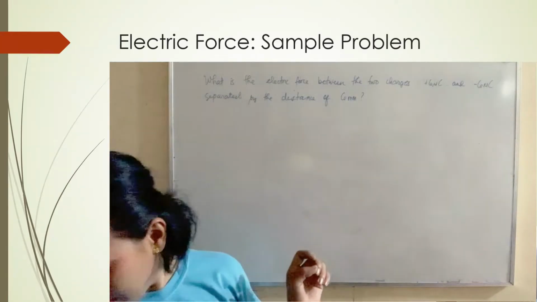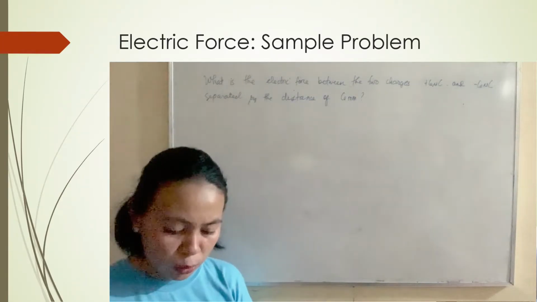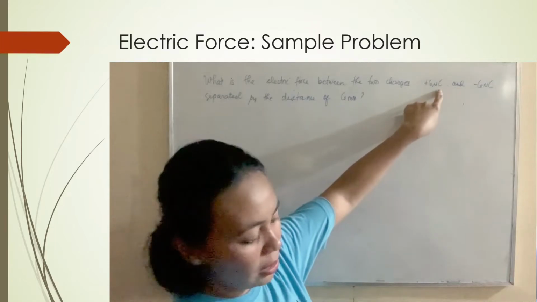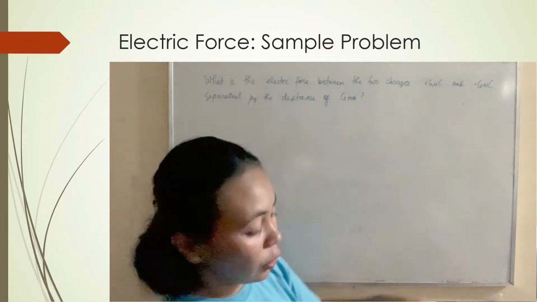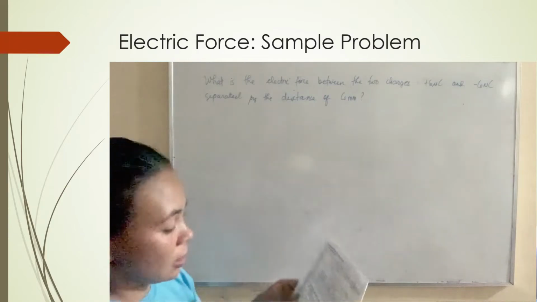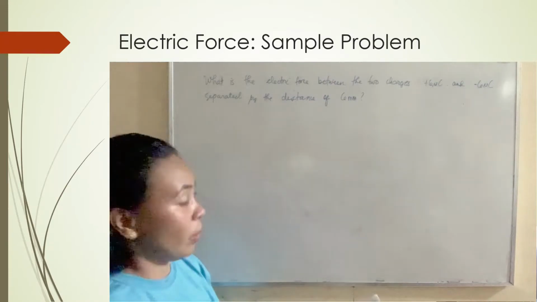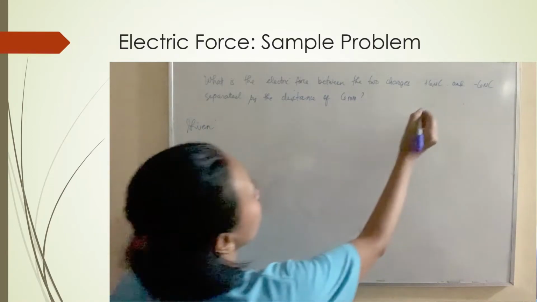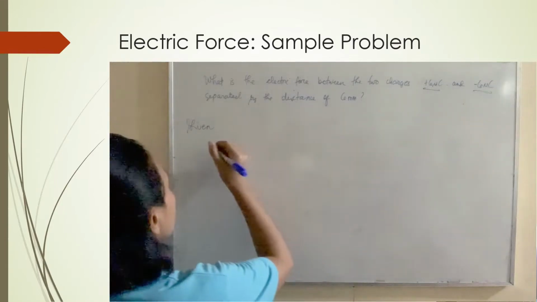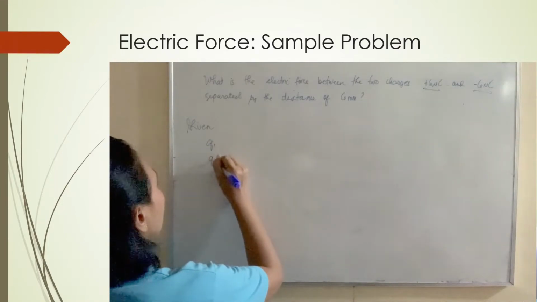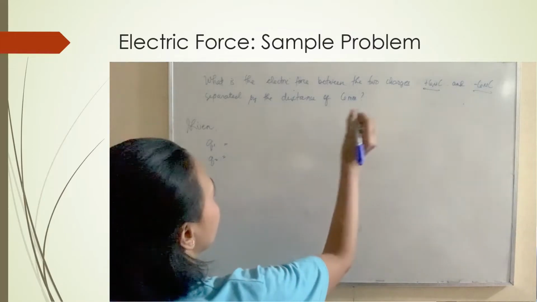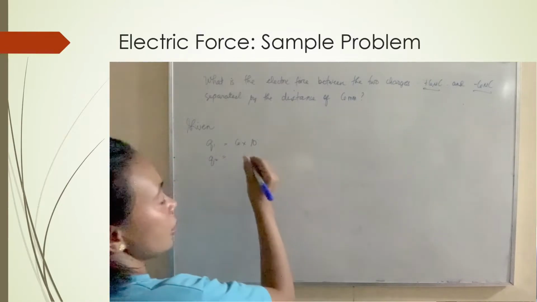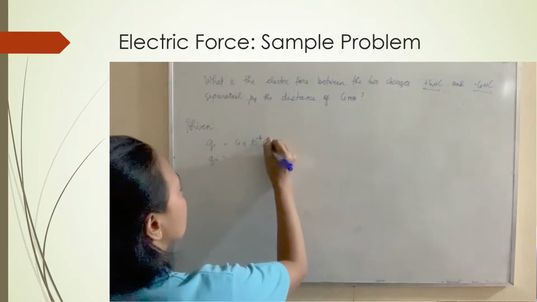The problem is, what is the electric force between the two charges, positive 6 microcoulombs and negative 6 microcoulombs, separated by the distance of 6 millimeters? So we have to identify our given. These are our charges, Q1 and Q2. Positive 6 microcoulomb is the same as 6 times 10 to the negative 6 coulomb.